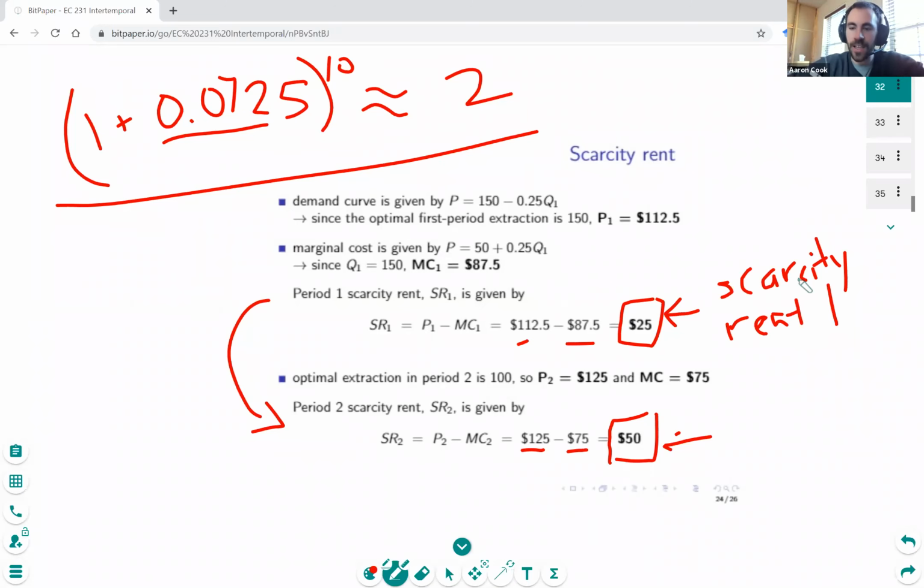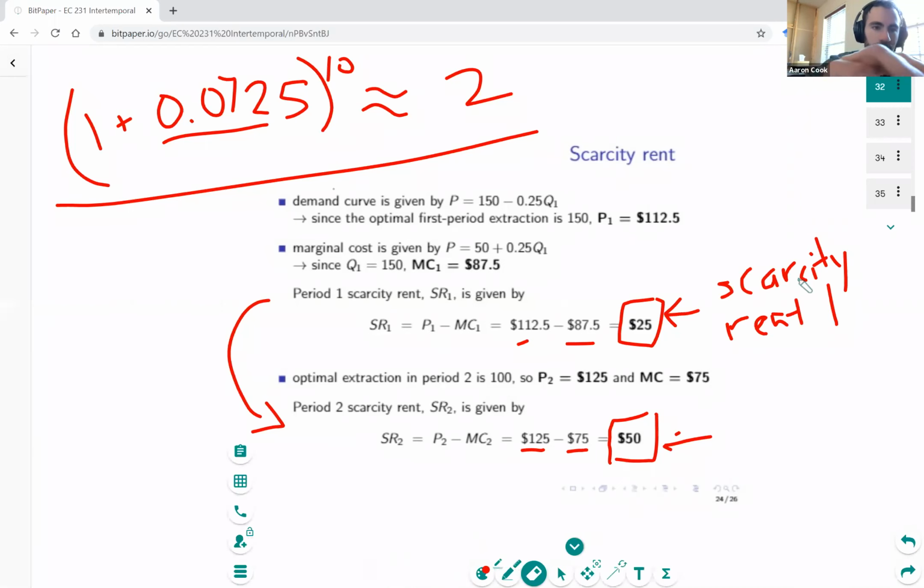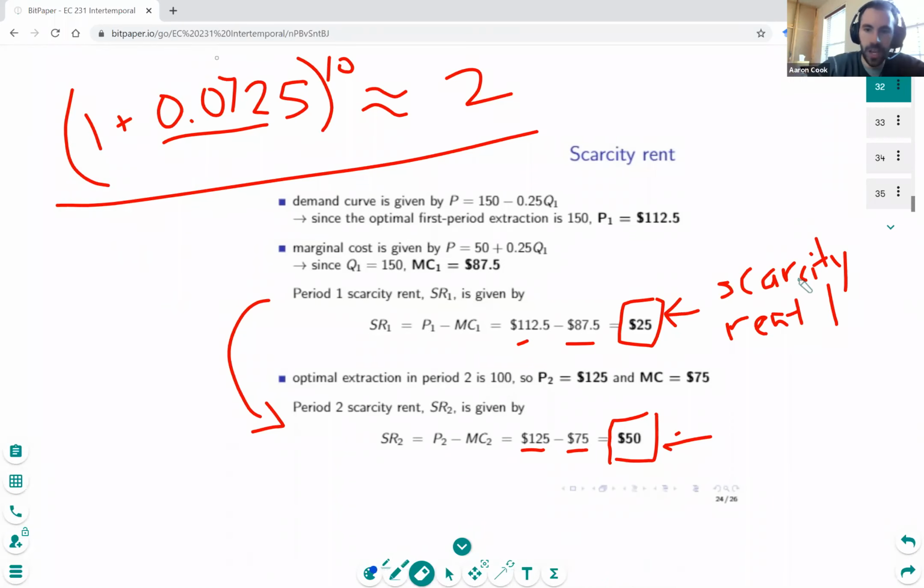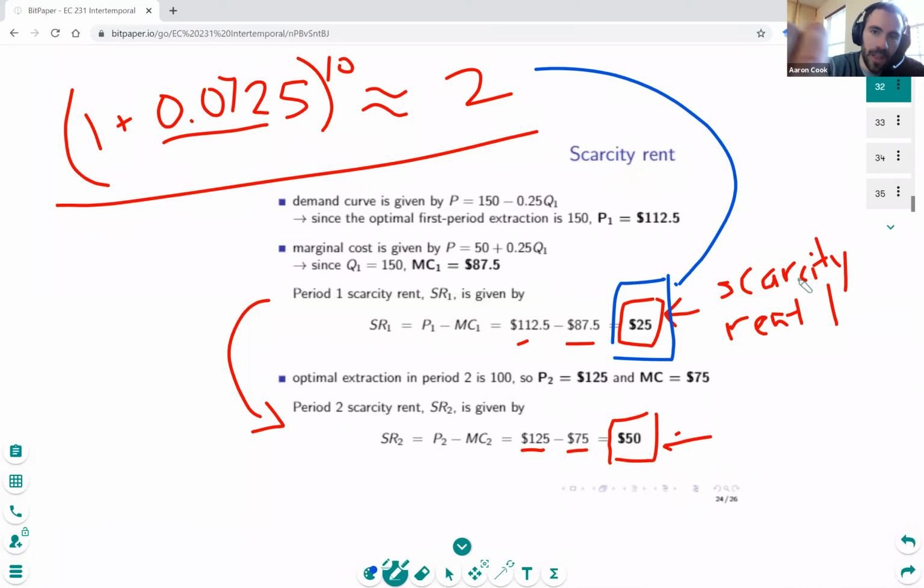So in a sense, this $25 scarcity rent in period 1 is what the producer earns in period 1, above and beyond their marginal cost. That's the net price, the price minus marginal cost. They could take that $25, put it in the stock market, earn 7.25% per year over 10 years, and it would turn into $50.